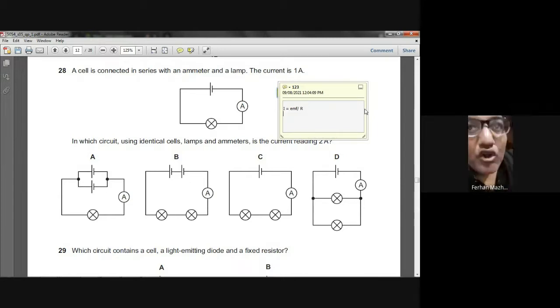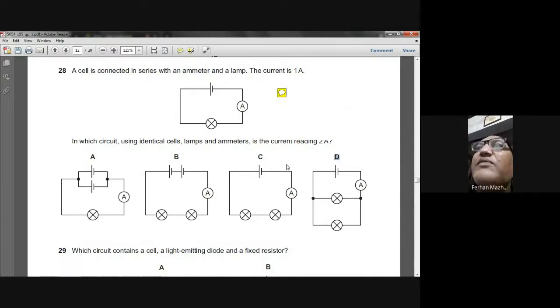So we are looking for that option where the lamps are connected in parallel to each other and a single cell is connected. So that will be the D choice.